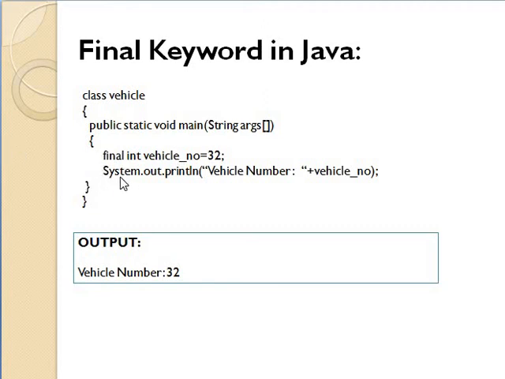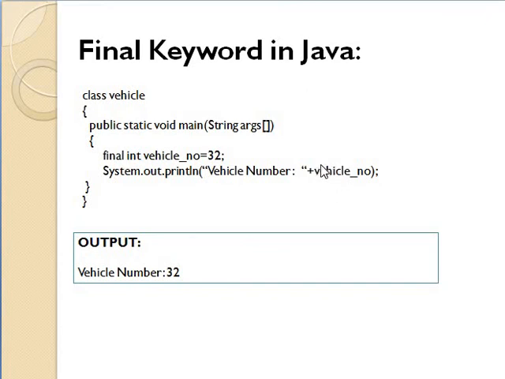Now in the next Java statement, using system.out.println, it prints the text vehicle number, which is within inverted commas, exactly as it is in the output. This is because any text that is within inverted commas gets printed exactly as it is in the output. Now, along with this text vehicle number, something has been added.